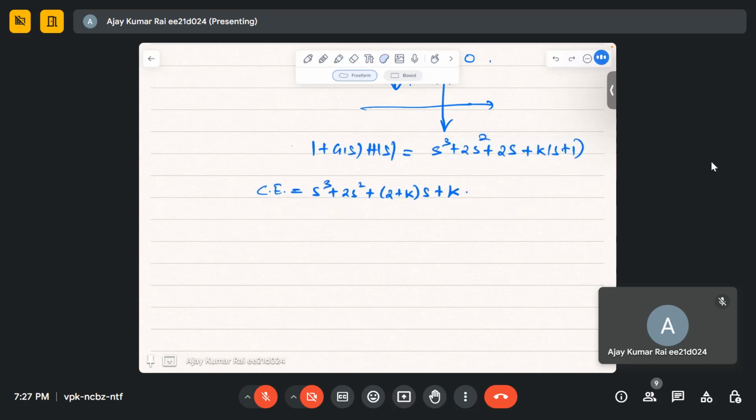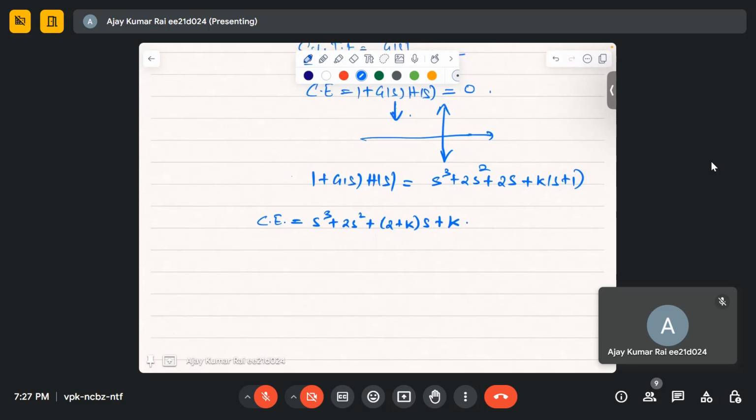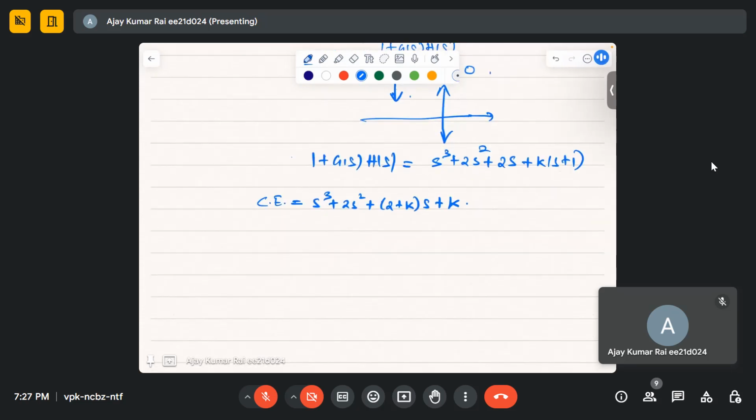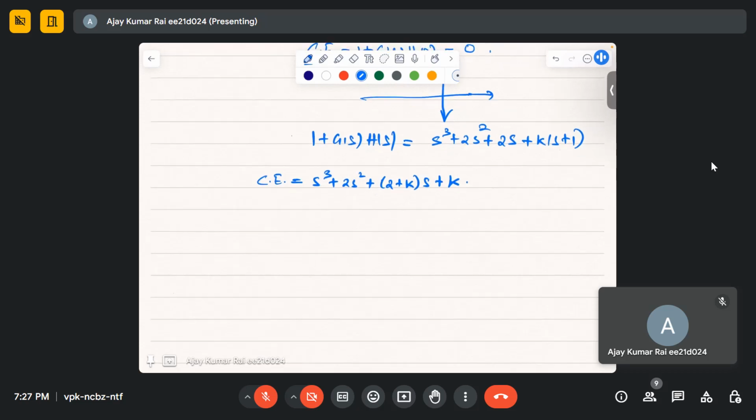Yes, sir. Okay, you're correct. Now we have to find that its roots lie on the left hand side of the s plane, so just remember the Routh-Hurwitz criteria that we studied. For the necessary condition, what did we study?